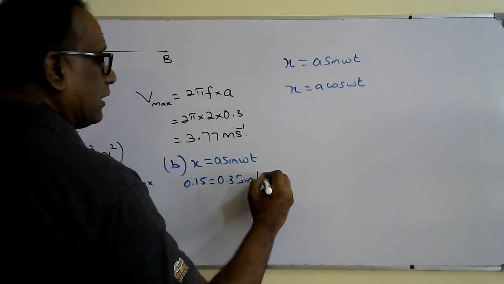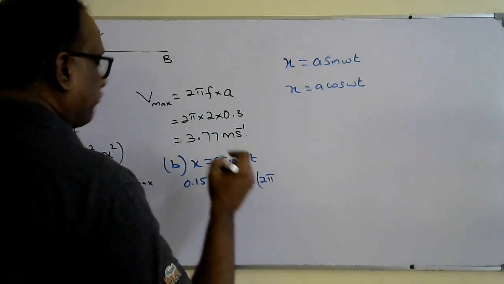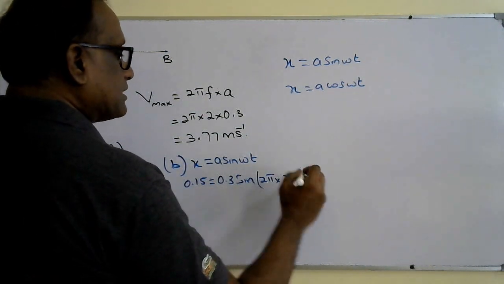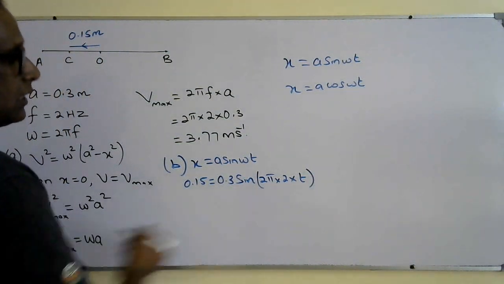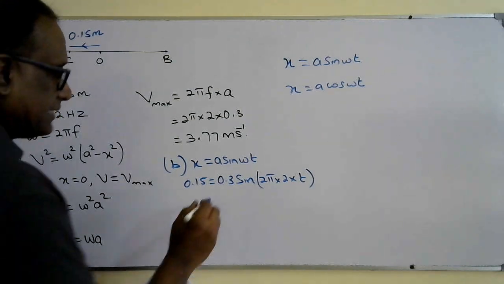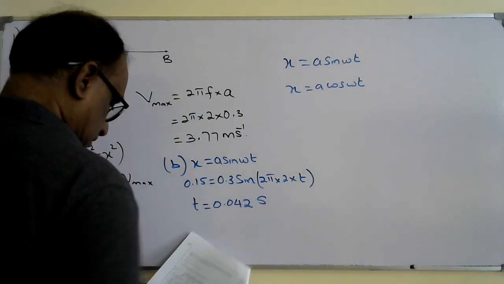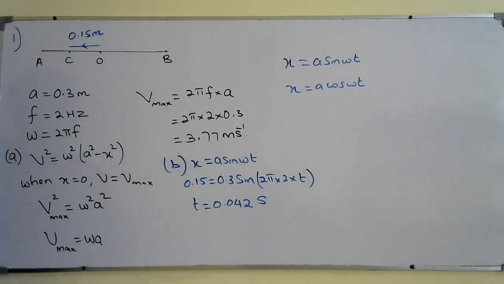Omega is 2 pi f, and the frequency we know is 2, so omega is 2 pi into 2. Time is what we need to find. Solve it; your calculator must be in radian mode. You will get t equal to 0.042 seconds. So the time taken to travel from C to O or O to C is the same.